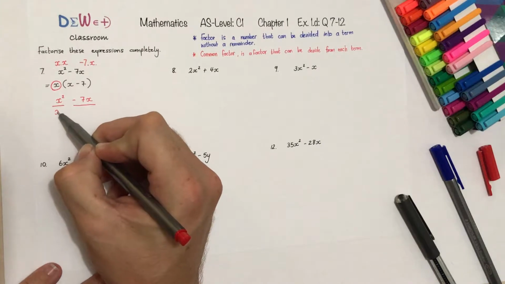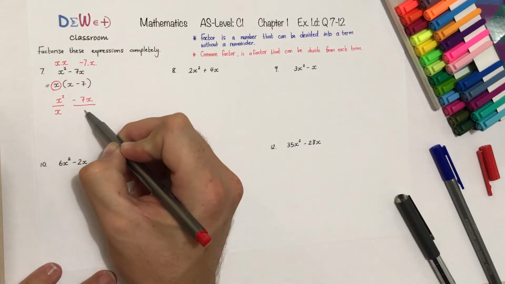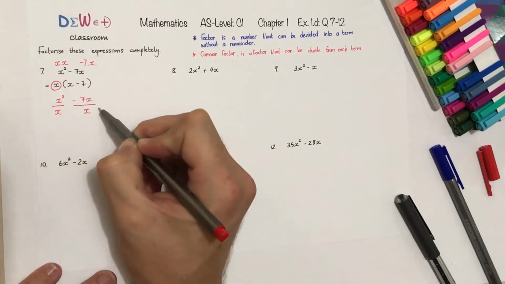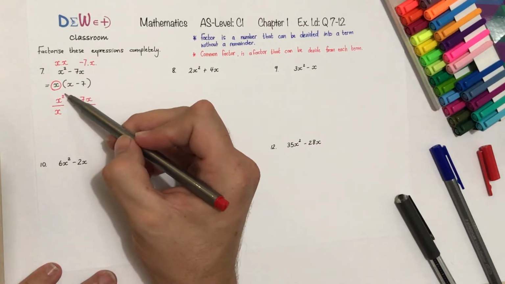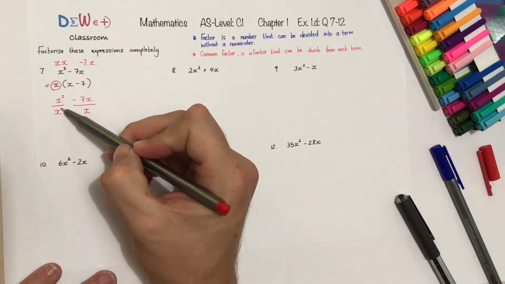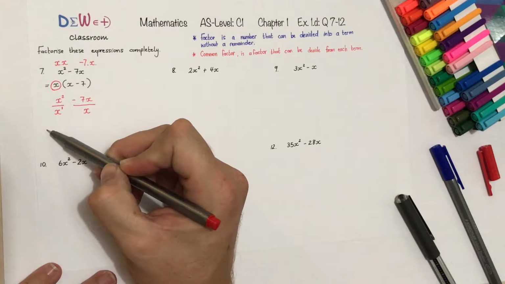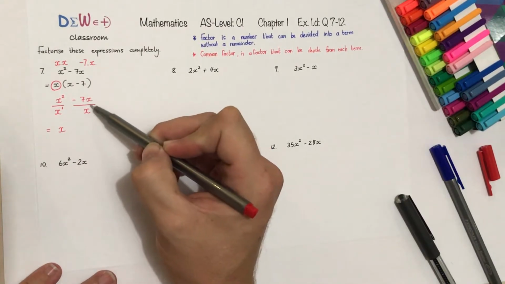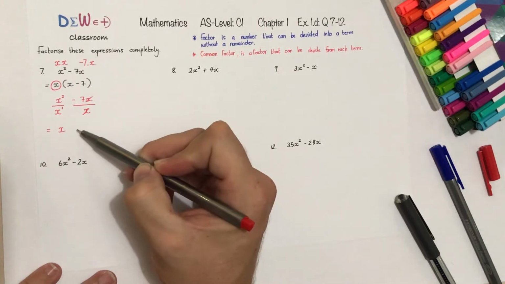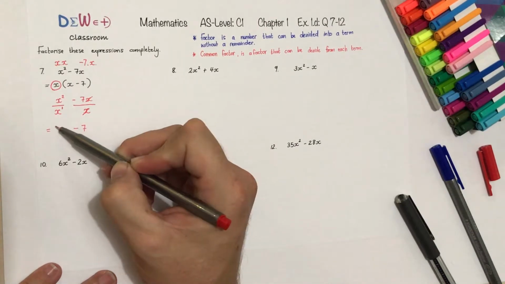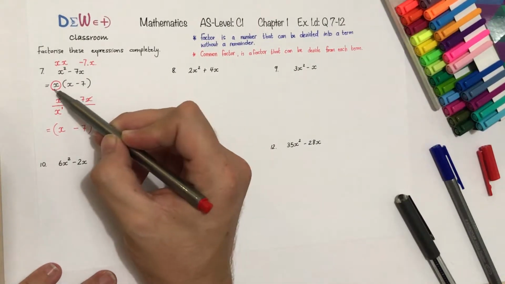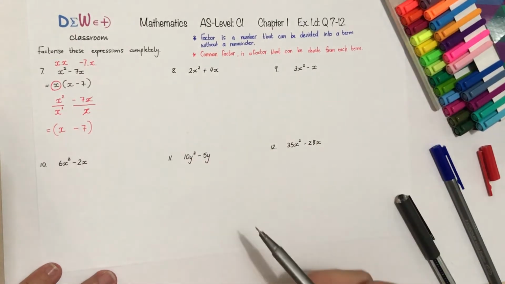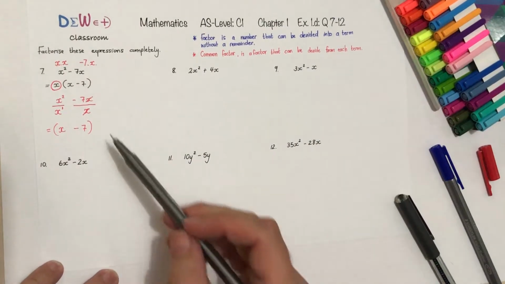So we divide by x over here, and we divide by x for term 2. In the laws of indices, it will be 2 minus 1, and we will be left with an x. And for the second one, the two x's cancel, and we are left with minus 7. And this is the remainder if you take out a common factor of x.